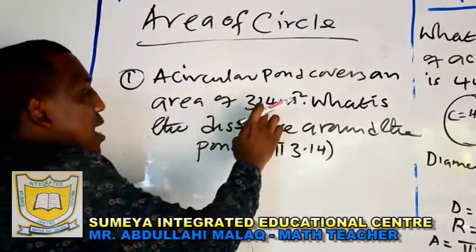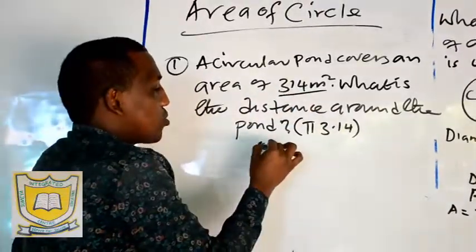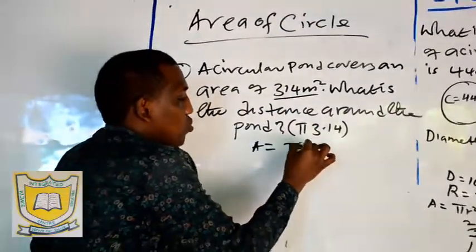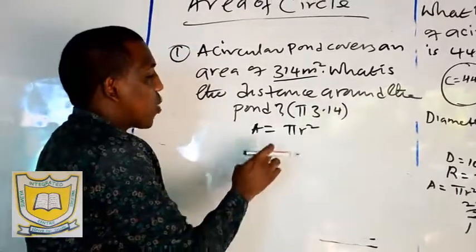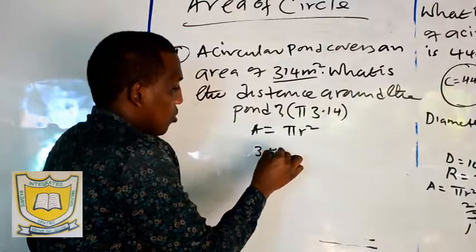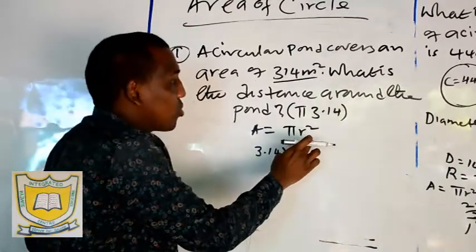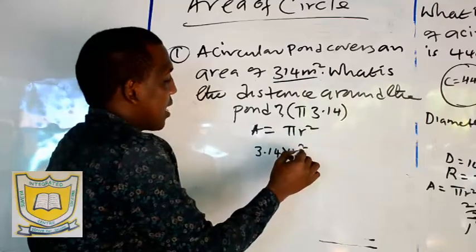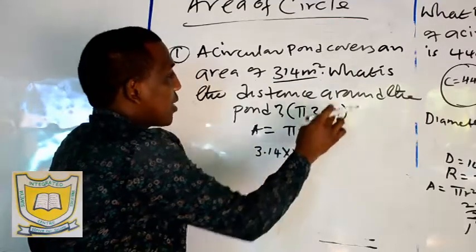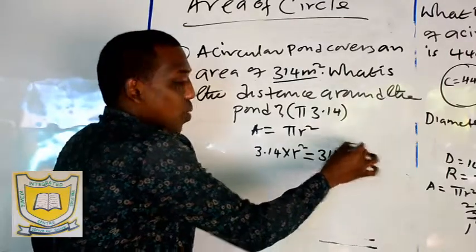Now, let us get it. You are given the area, so you use area is equal to pi r squared. You are told pi is 3.14, so 3.14 times r squared, we don't know the radius, is equal to the total area, 314 centimeter squared.